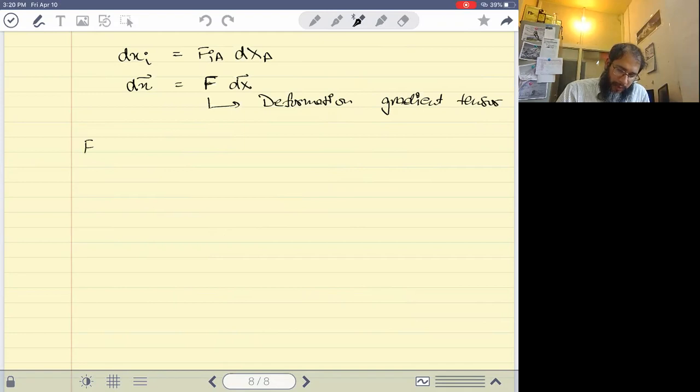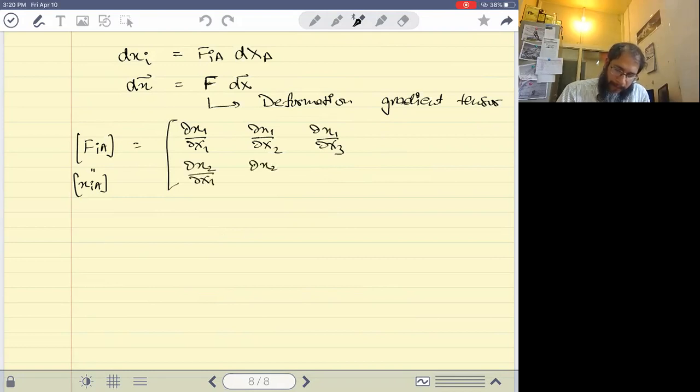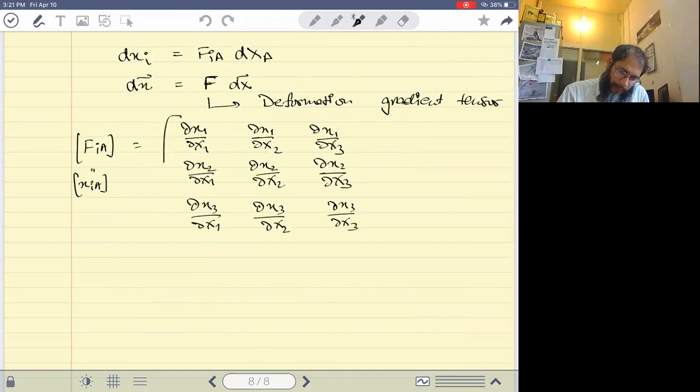So if I just expand this F tensor, remember it was xi comma a, which is del small x1 by del capital X1, del small x1 by del capital X2, and so on. So this is the deformation gradient tensor.